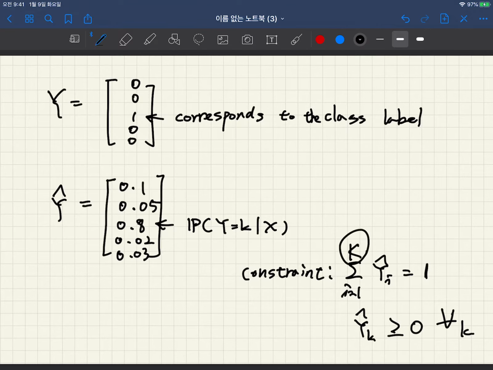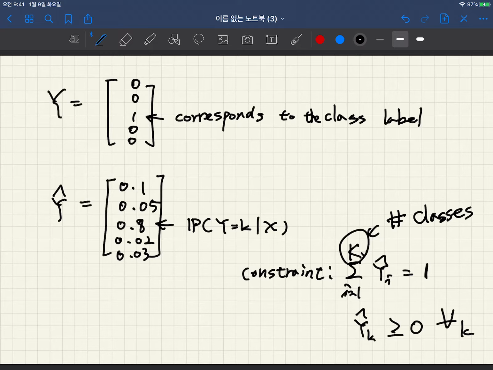So here I will use capital K to denote the number of classes throughout this class. Right, this makes sense, right?